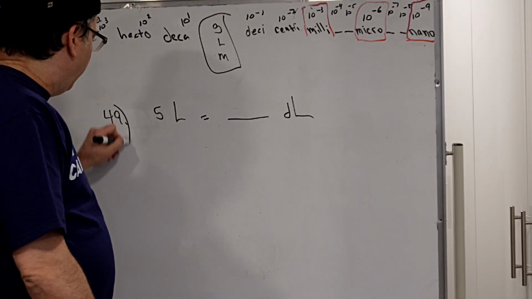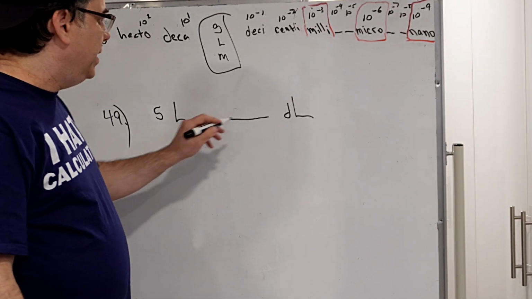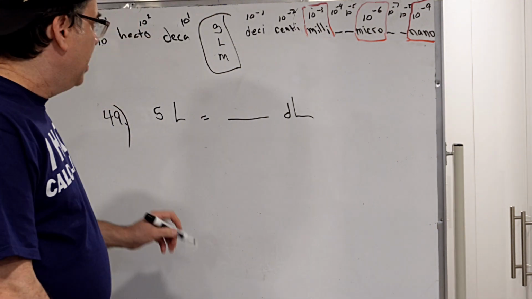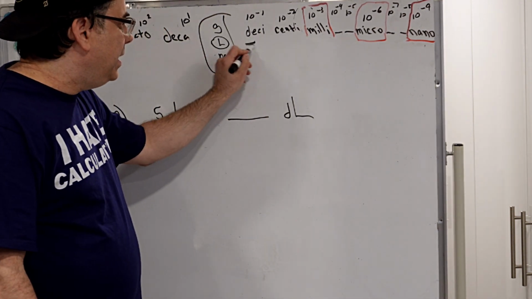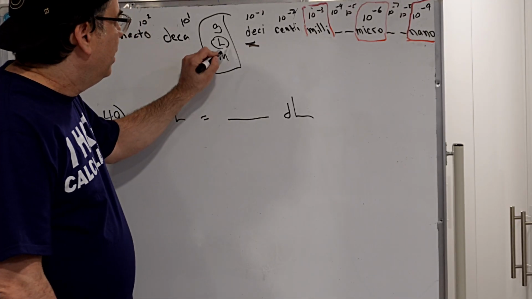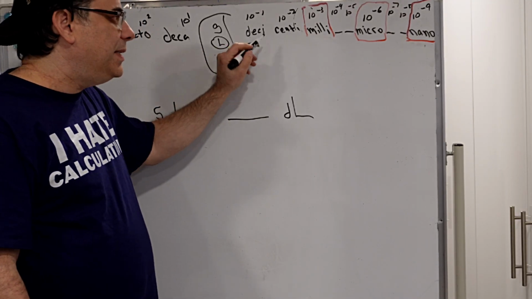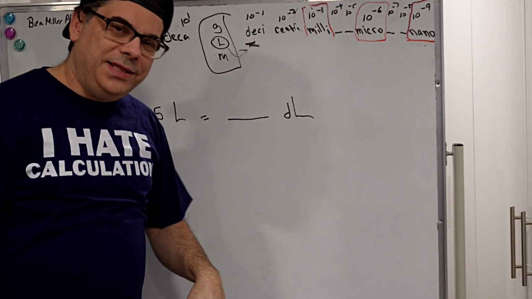Okay, we got question 49. 5 liters is how many deciliters? So again, here's liters, your base unit, and deci is right over here. So all you have to move is 1 to the right. Liters to deci. Because remember, it's deci, centi, milli, space, micro, space, nano.